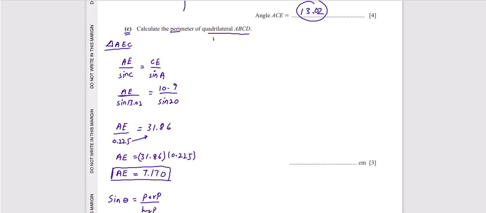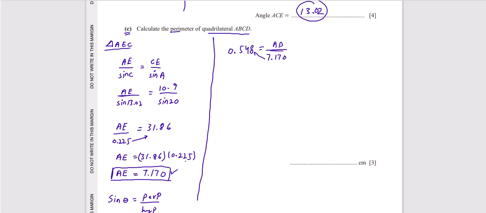Put these values, calculate sin 33.27, that is equal to 0.548, is equal to AD divided by AE. The value of AE, this one, is 7.170.